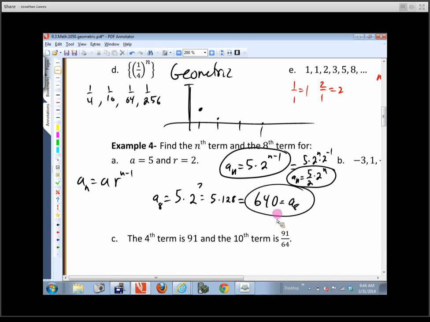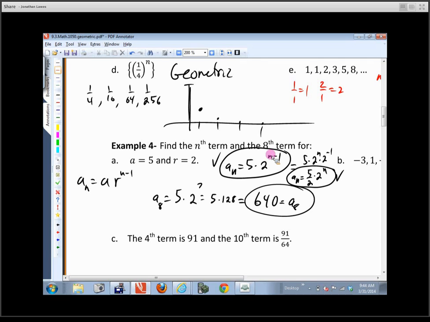Okay? Now, I will admit that this one right here looks better, but this one right here is easier to understand as far as the similarities between arithmetic and geometric. You take the first term, you're going to multiply, because it's geometric, not arithmetic, by the common ratio n-1 times.